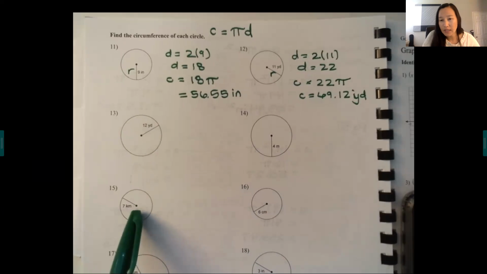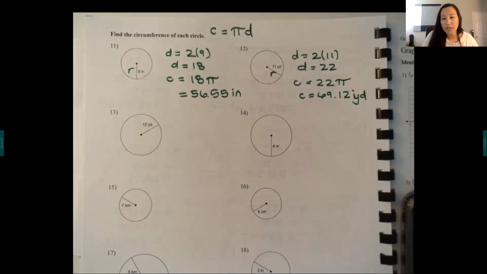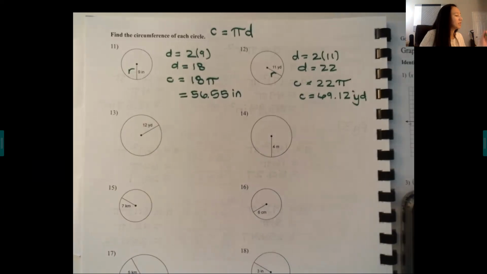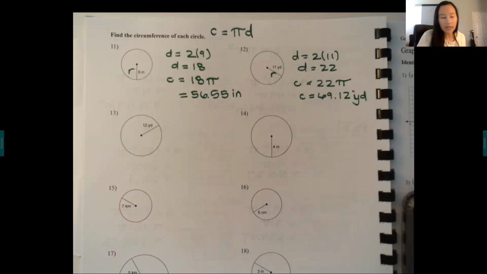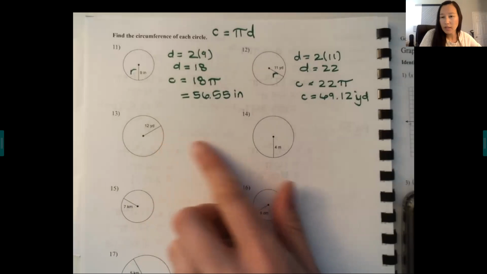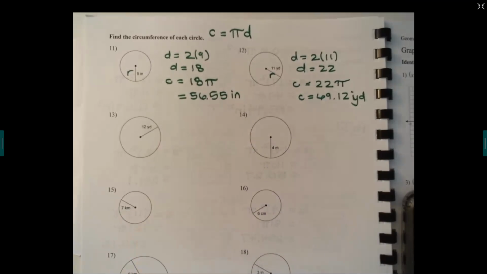Rick, number 15. Jasmine, number 16. Jade, number 17. Jaden, number 18. And then we can do 19 and 20 together. Wait, which one am I doing again? Rick, let's see. 13, 14, I think 15. Okay.